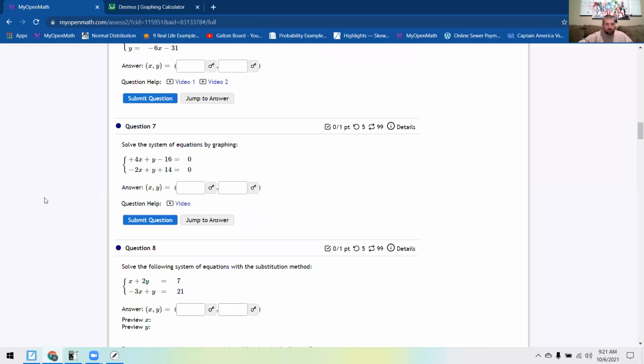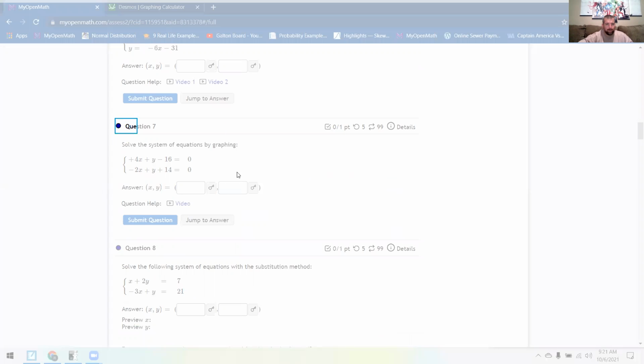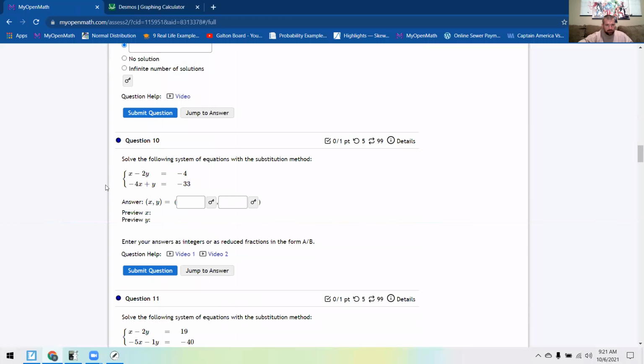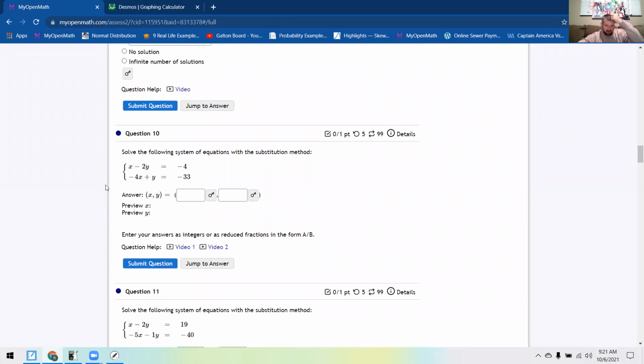Current page. And yeah, we'll start with those.